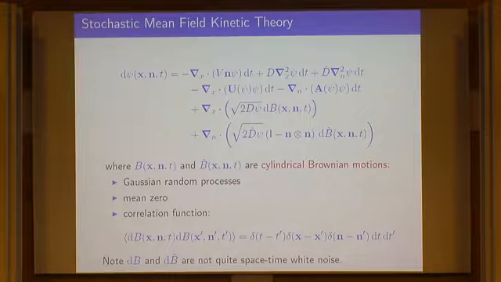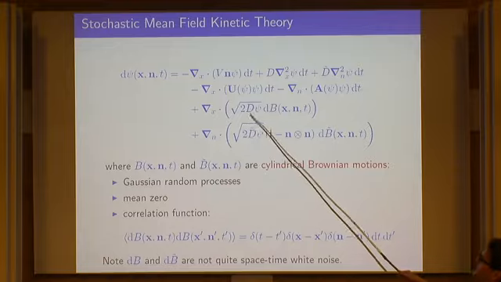So this is going to be our equation. What we've done is we've taken the deterministic nonlinear mean field theory, which is up here, and we just added what Dean tells us is the right noise terms, right? And so it turns out, not surprisingly, it's just like fluctuation dissipation.